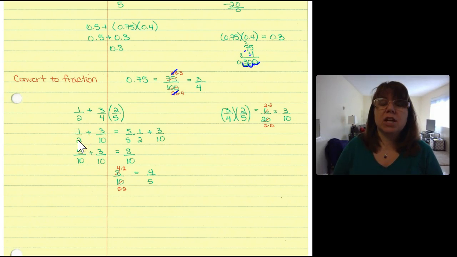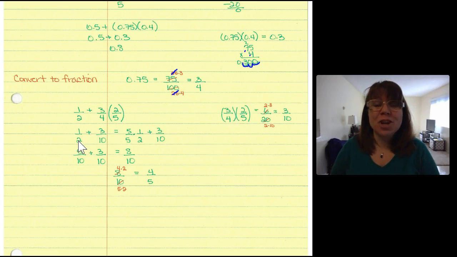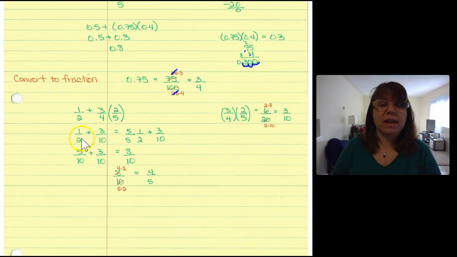My least common denominator is going to be 10. So I only need to manipulate the 1/2 to have it as a denominator of 10. If I multiply both numerator and denominator by 5, it becomes 5/10 plus 3/10.